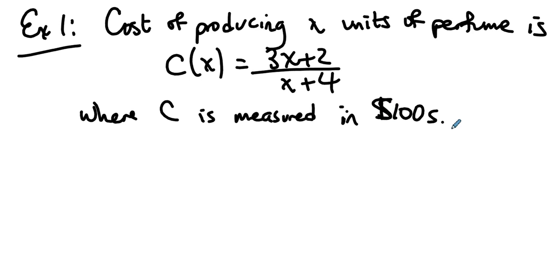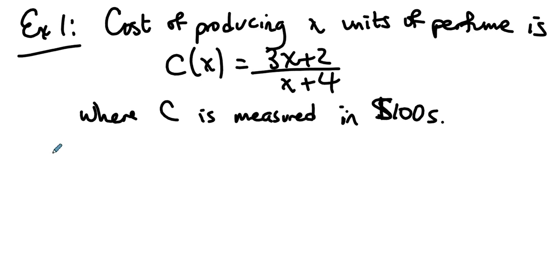That is to say, if you want to know the cost of producing 10 units of perfume, you put a 10 there and a 10 there, and that number is the number of hundreds of dollars it would take to produce 10 units of perfume.